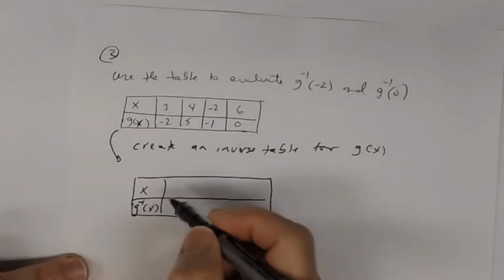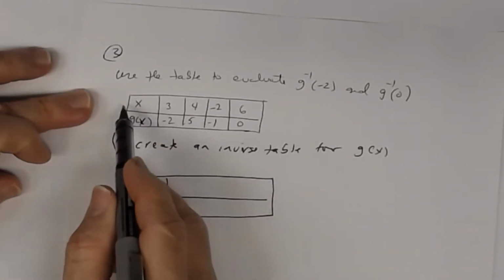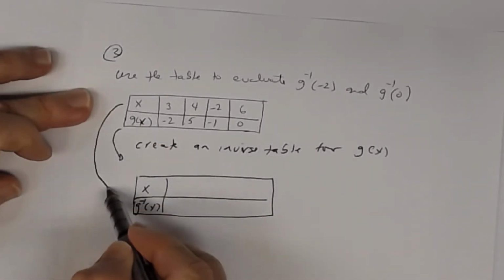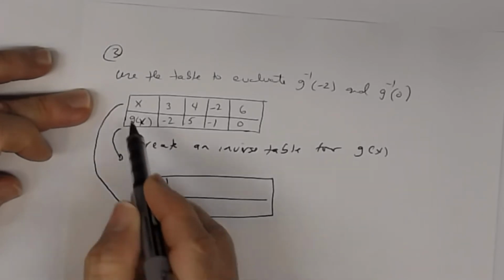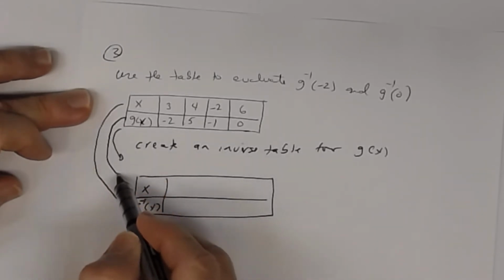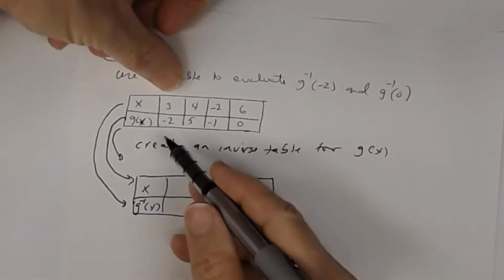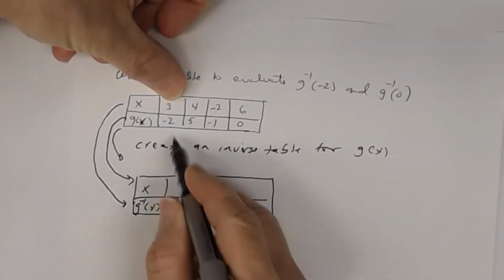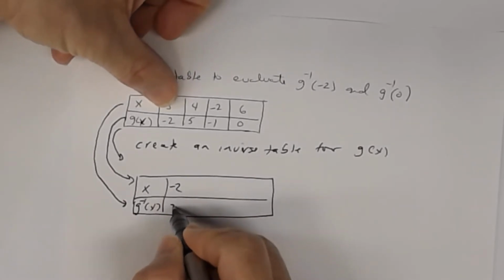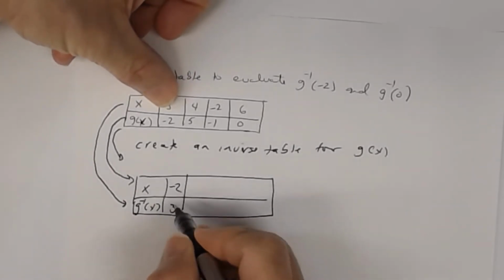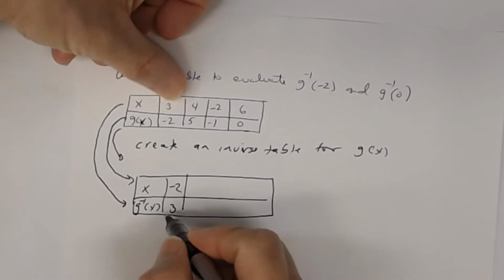Remember, you interchange the coordinates. Notice the arrow: the x becomes the y of the inverse, and the y becomes the x of the inverse. Okay? So if you need to draw those arrows, you do that. It's helpful. So this becomes negative 2, 3. When x is negative 2, the inverse of negative 2 is 3.